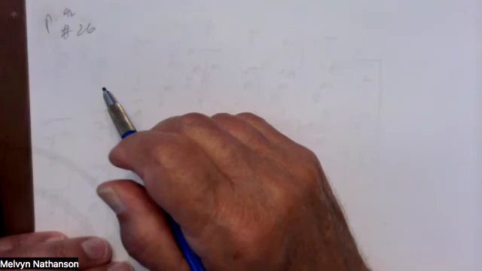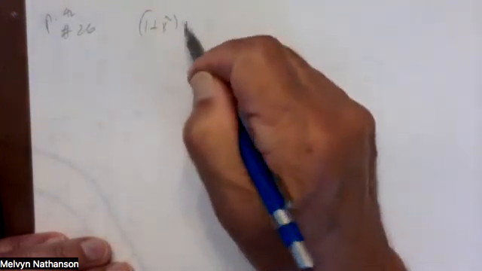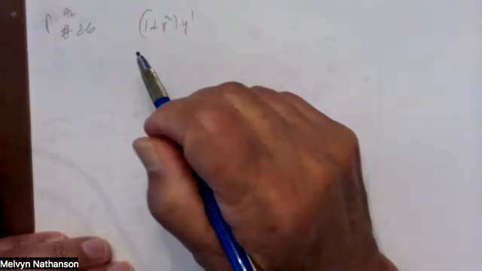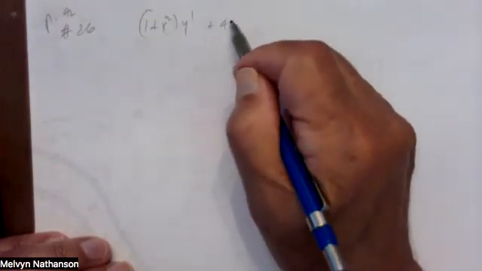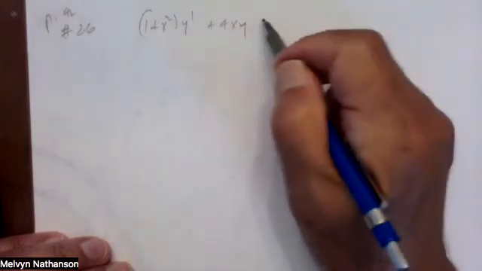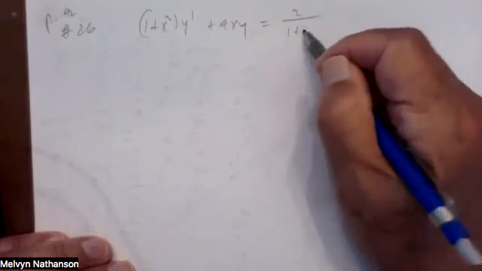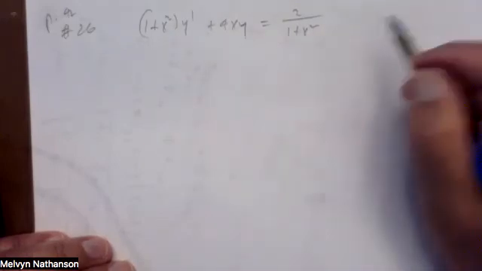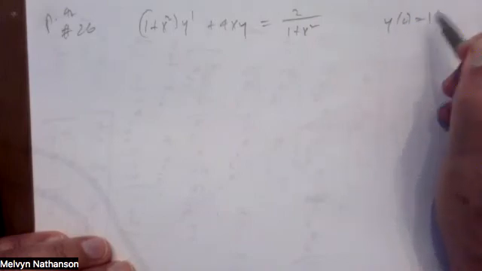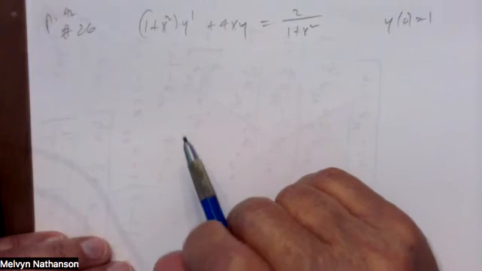So we have the differential equation (1 plus x squared) times y prime plus 4xy equals 2 over 1 plus x squared, and the initial condition is y of 0 equals 1.